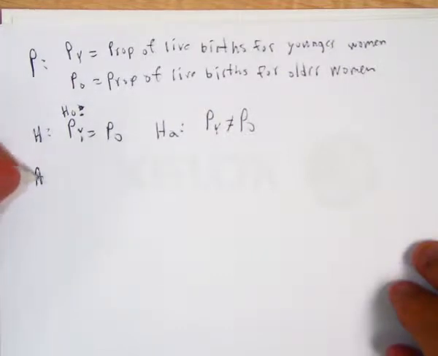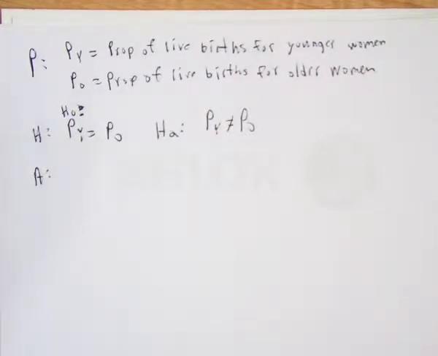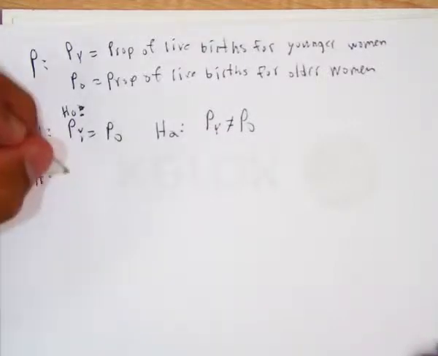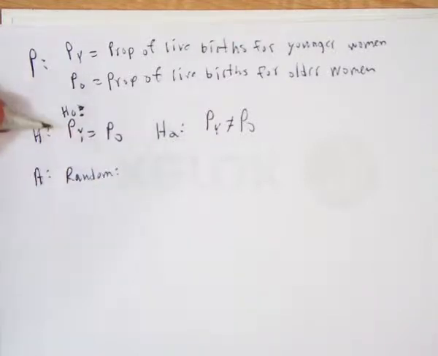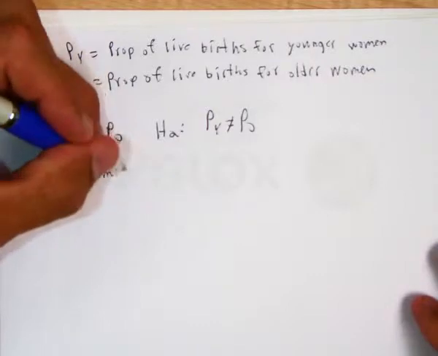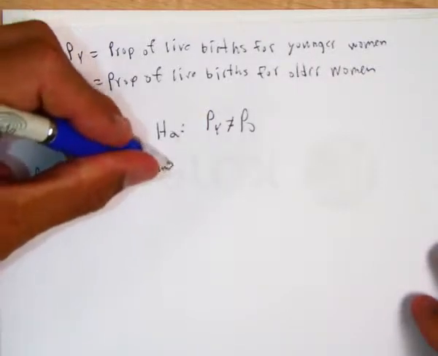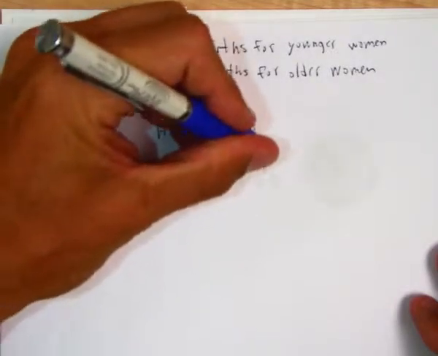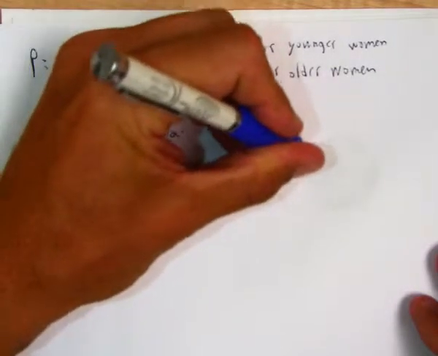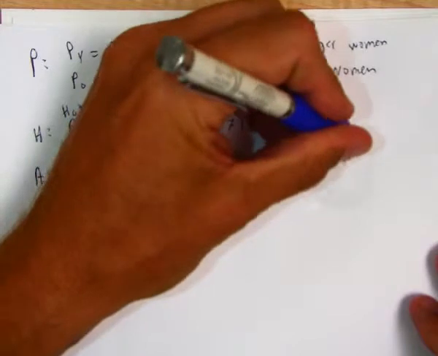Okay? Assumptions and conditions. So we have a random condition. It does not state that this is random, so we're going to assume that the sample is representative of all women.